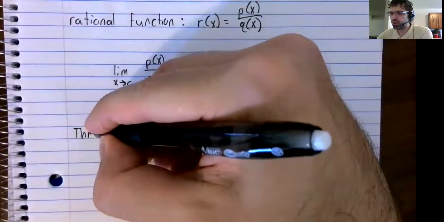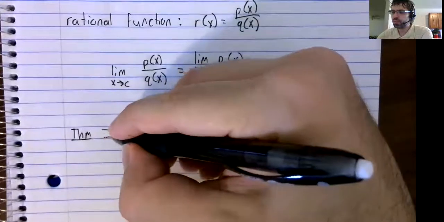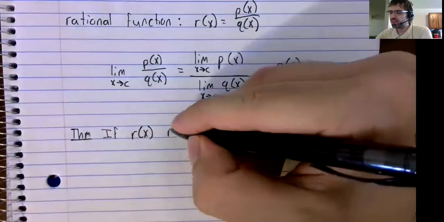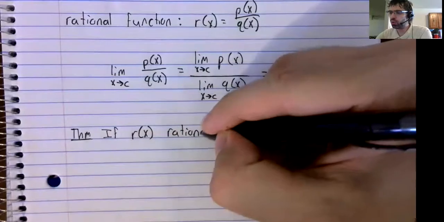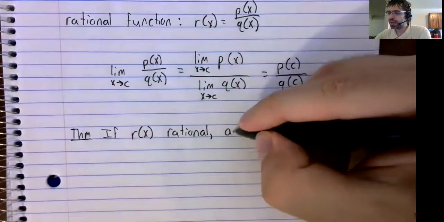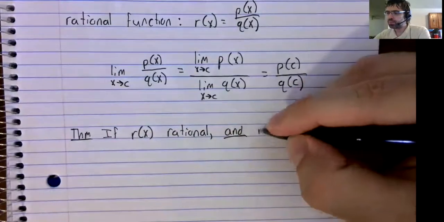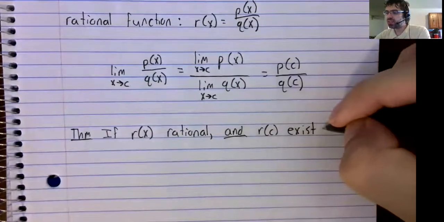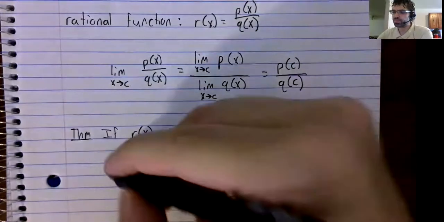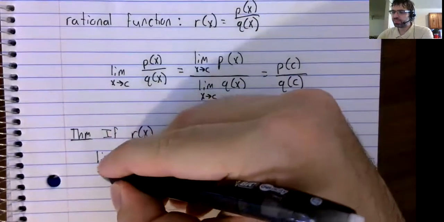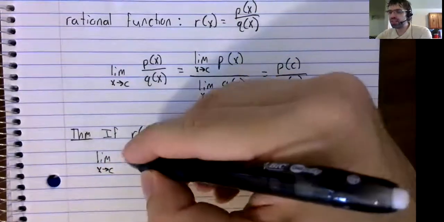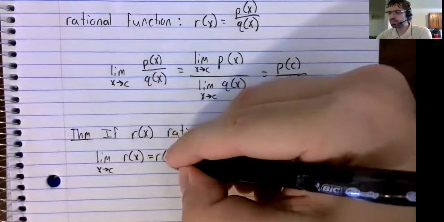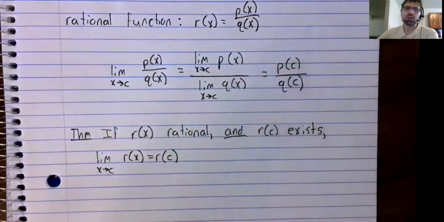So another theorem: if R of x is rational and R of c exists, the limit as x approaches c of R of x equals R of c.